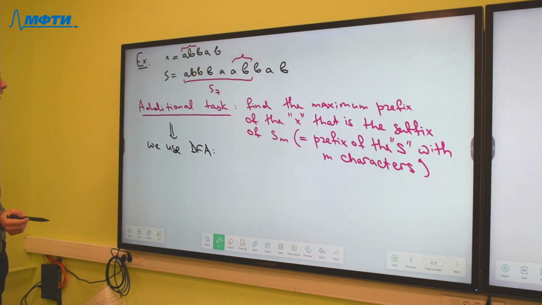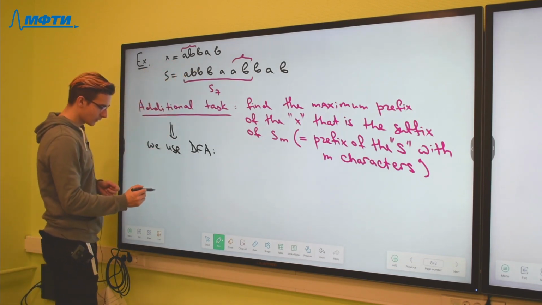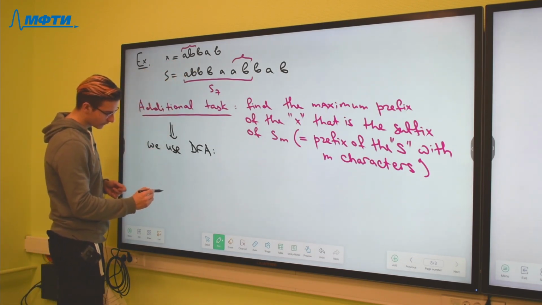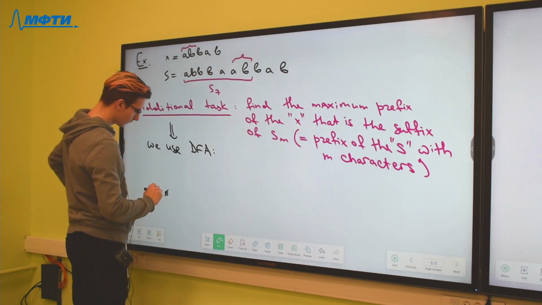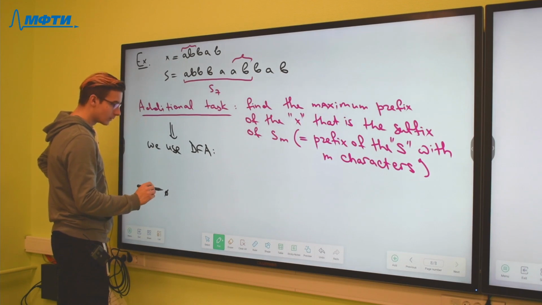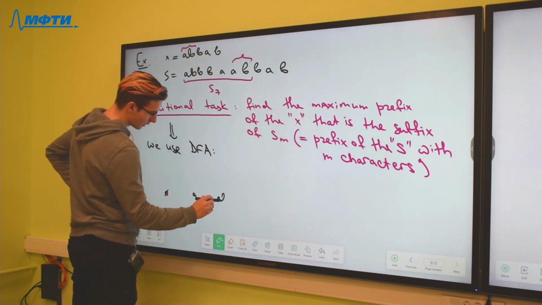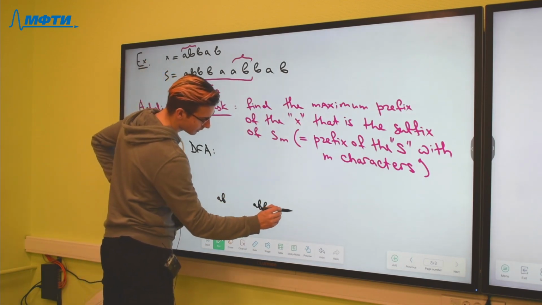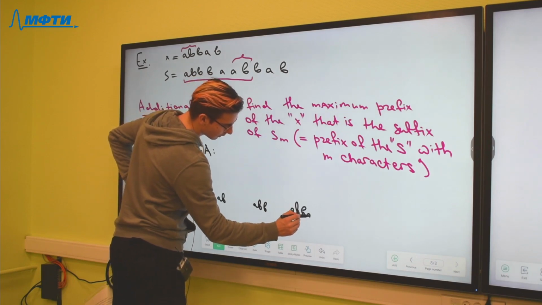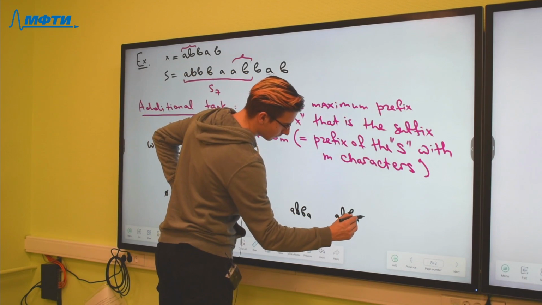That has states equal to prefixes of the x. For example, we have the 0 prefix. We have prefix a, a b, a b b, a b b a, and a b b a b.